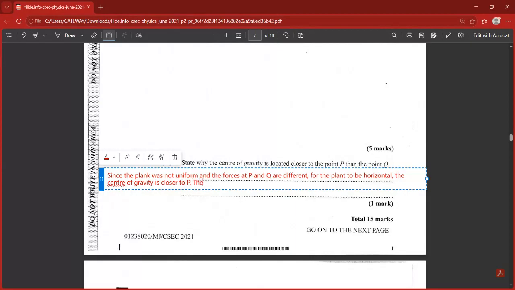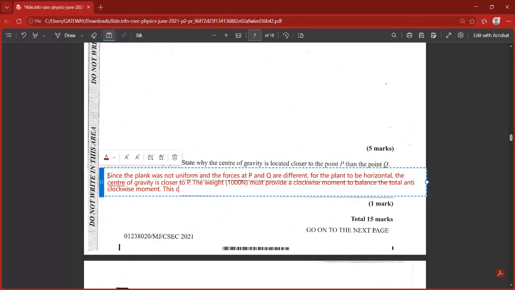So the weight of 1000 Newton must provide a clockwise moment to balance the total anti-clockwise moment.